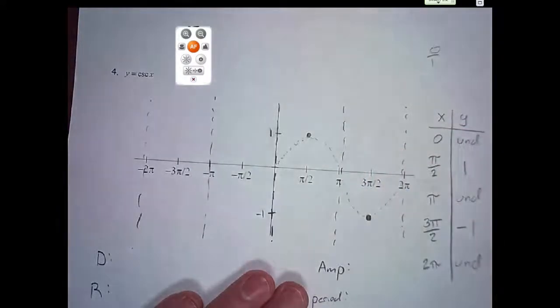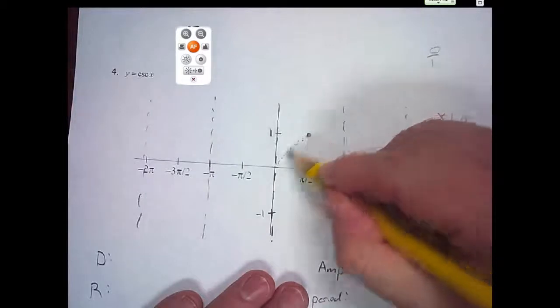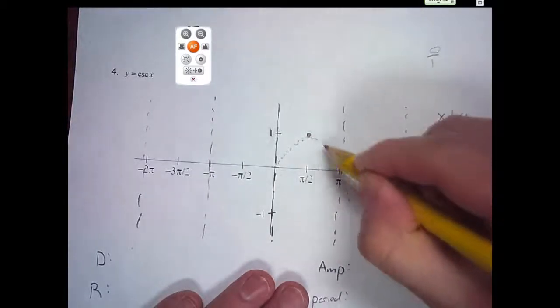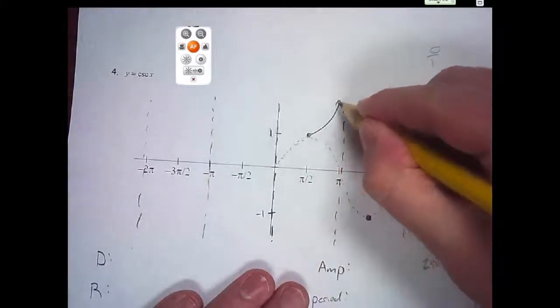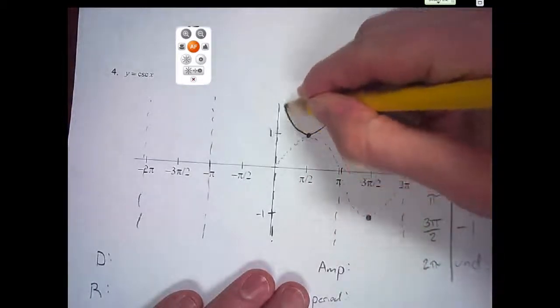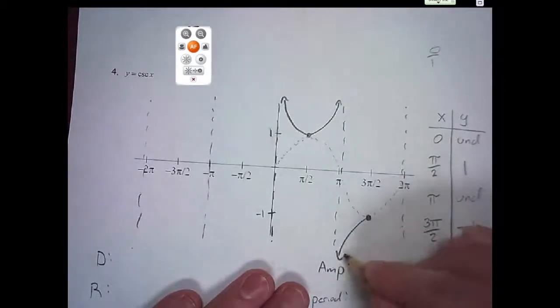You kind of look back at your sheet. And cosecant is the flip of sine. So if you notice that this right here is kind of going down from the point, and this right here is going down from the point, it's going to be going up when we flip it. And this one right here is going to be going down, just like that.